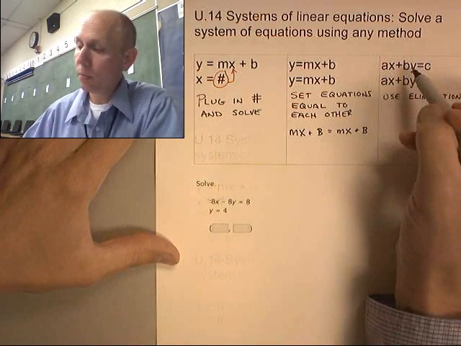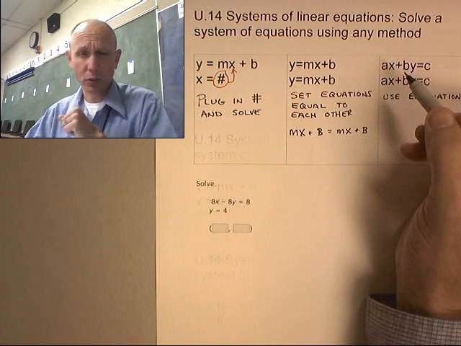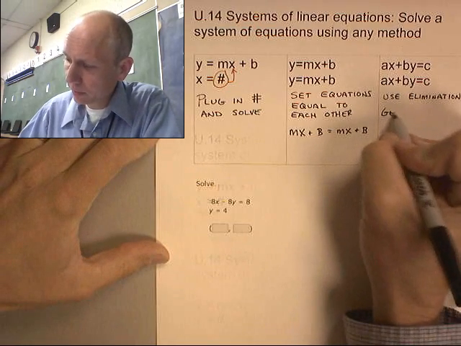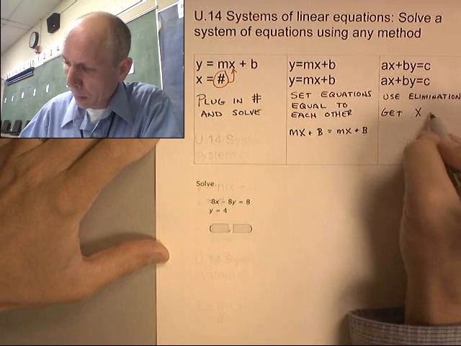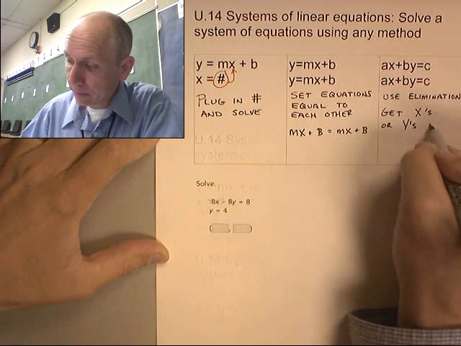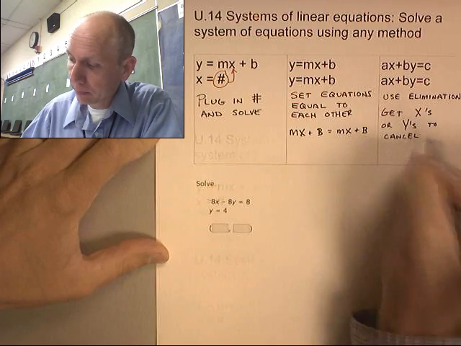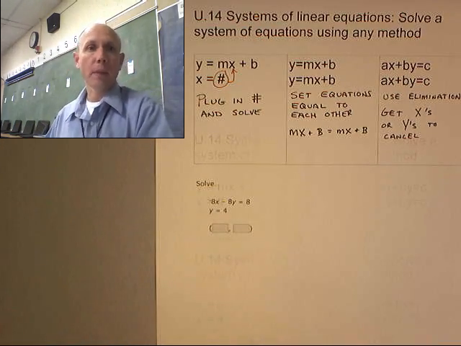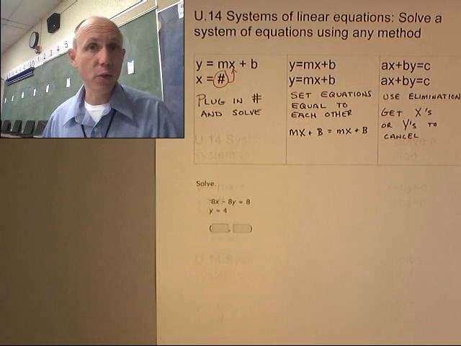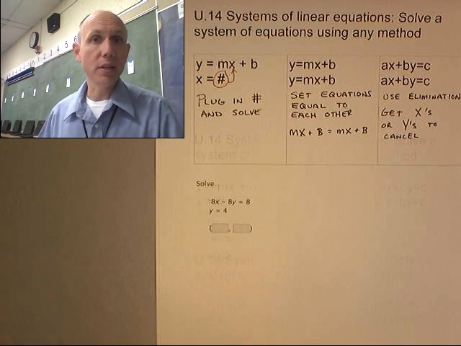I try to get either the x's or the y's to cancel. All right? So you've done all of these methods. Now it comes down to, can you look at a new problem and figure out what method you should use?